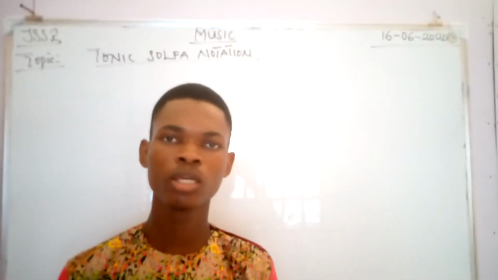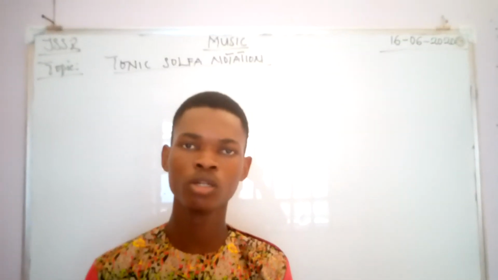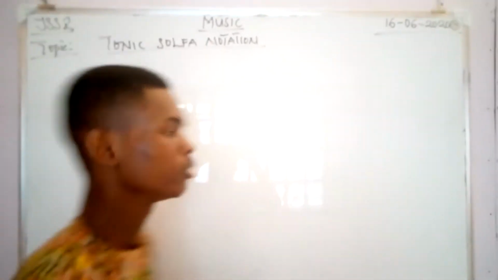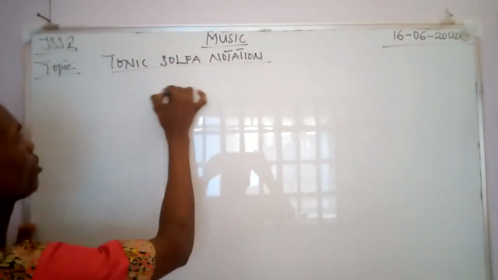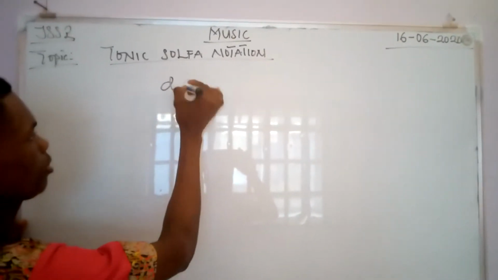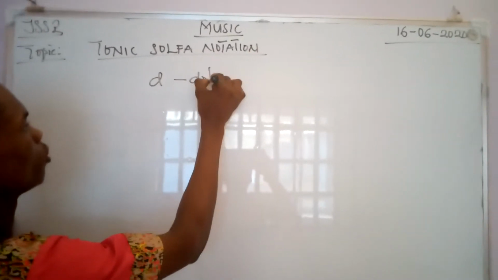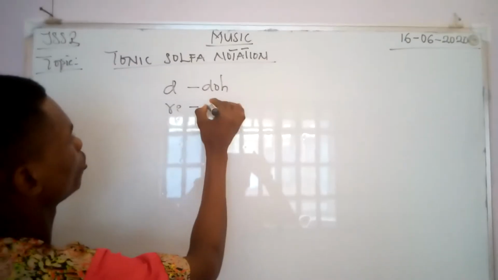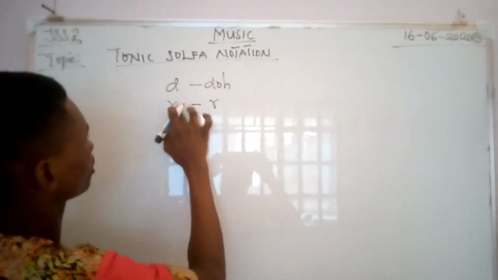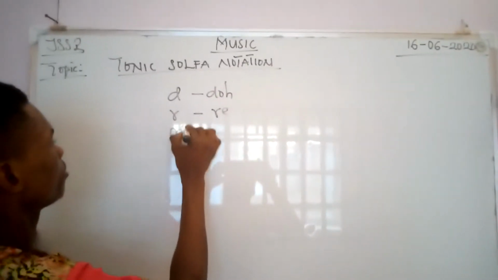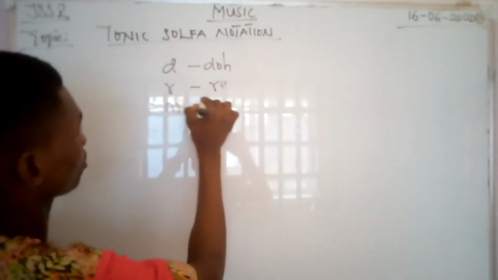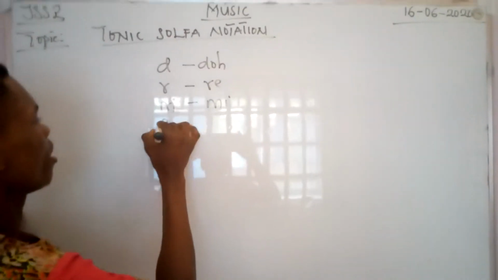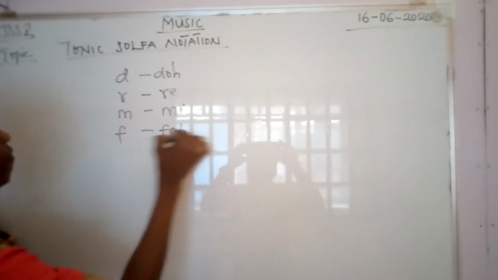Now, basically, there are 7 notes we use in tonic sol-fa. That's D, or you can say Do. R, that's Re, and then Mi, that's M. F, that's for Fa.